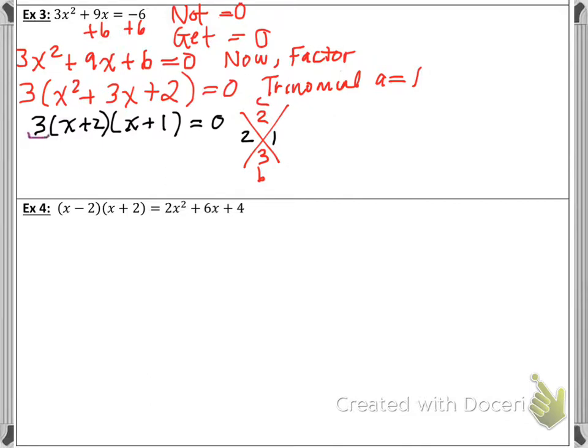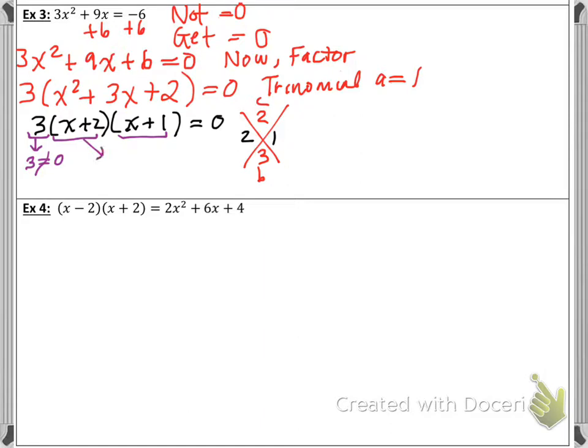We have the 3 out front, the x plus 2, and the x plus 1. So actually I'm going to set all of them equal to 0. So this 3, though, if I set it equal to 0, well, 3 will never equal 0, and there's not even a variable there. So that's not true. So it doesn't even give me any solution. Okay, so we can just kind of ignore it.